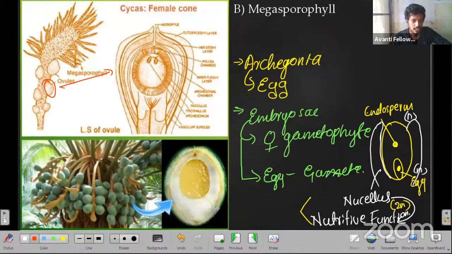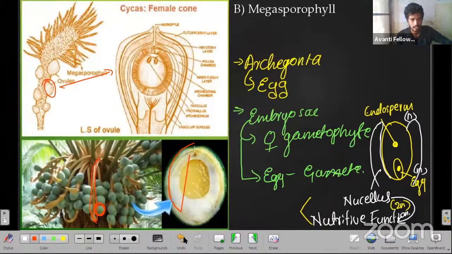Here you can see this particular structure. This complete structure is the cone. Here you can see the sporophylls, and here is the ovule. If I take a section of this ovule, you can check it like this.